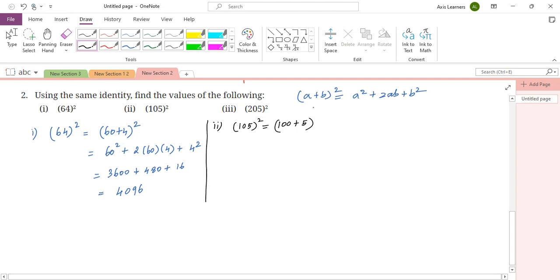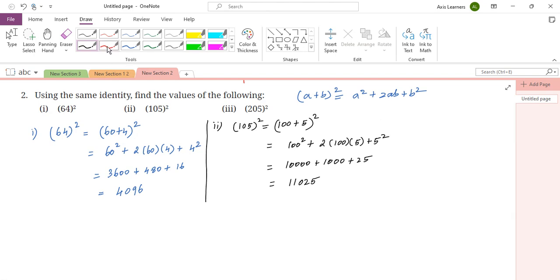We need to use only 2 variables, so split into 2 terms. (100 plus 5) the whole square. 100 square is 10,000, that we know, plus 2 into 100 into 5 plus 5 square. The next step: 100 square is 10,000 plus 2 into 100, 200, 200 into 5, 1000, 1000 plus 25. If you add it, what will come? 10,000 plus 1000, 11,000, 11,025. So 11,025 is the final answer for the second subdivision.